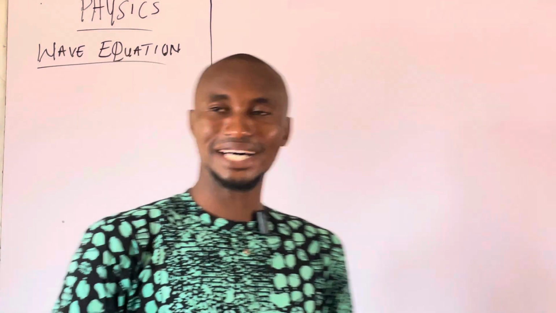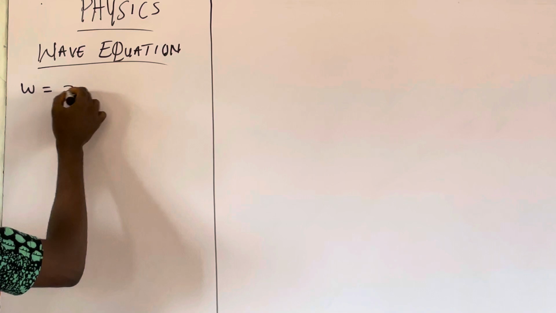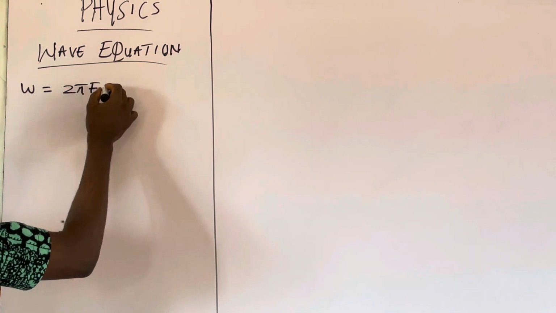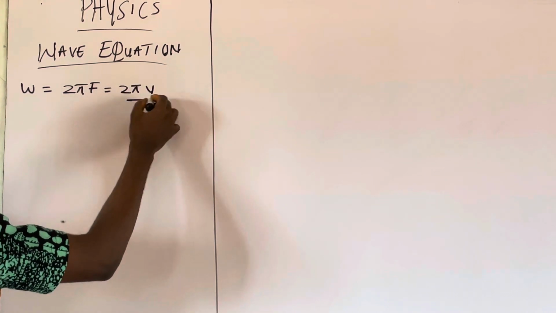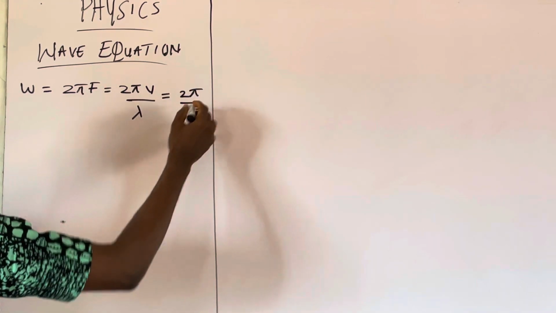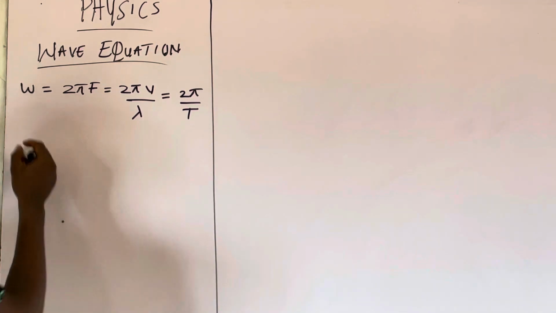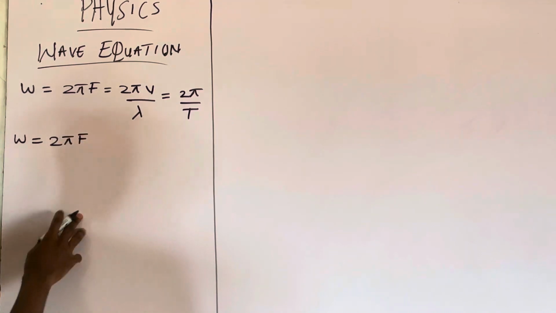Before I start teaching this wave equation, there are things I want you to know. First of all, I want you to know that W is equal to 2 pi f, and this is also equal to 2 pi v over lambda, and this is also equal to 2 pi over T, capital letter T. This same W is also equal to 2 pi f on its own.